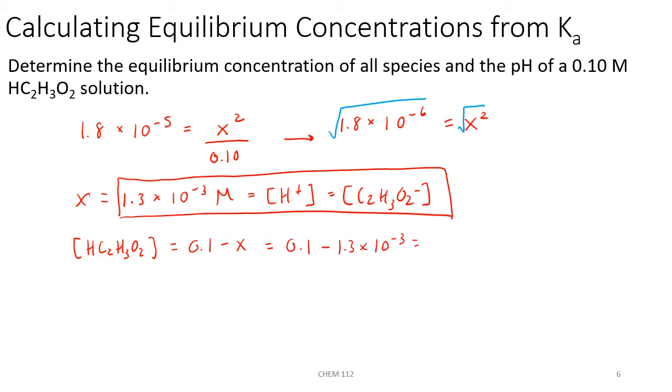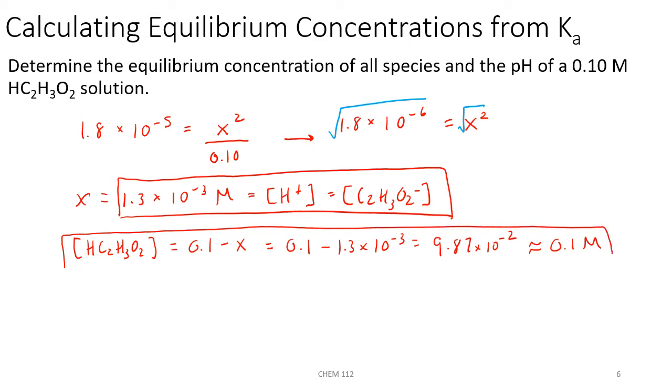And that gives us a concentration of our acid of 9.87 times 10 to the negative 2. So that's really close to being about 0.1 molar still. So our equilibrium concentration of acetic acid is about the same as it was initially because of the fact that it didn't ionize very much. It only ionized a small amount.